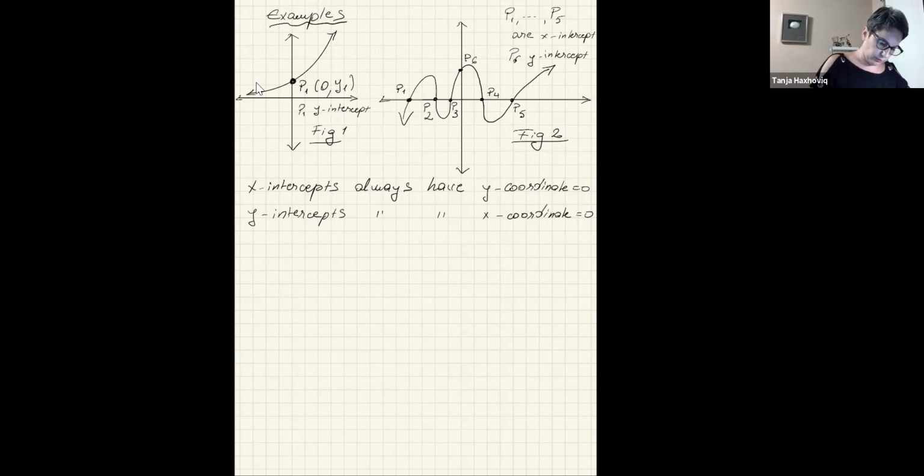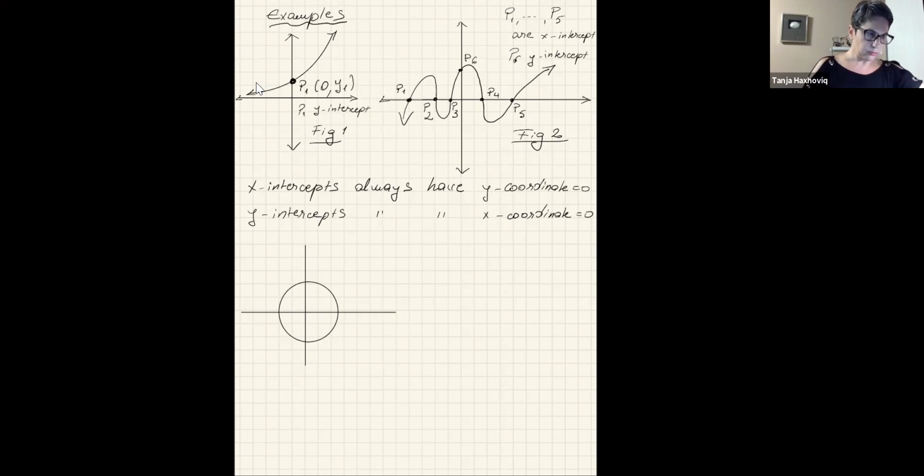Okay, here's the third figure. Let's say you have this graph, and this looks like a circle.